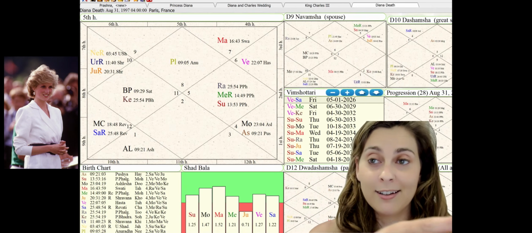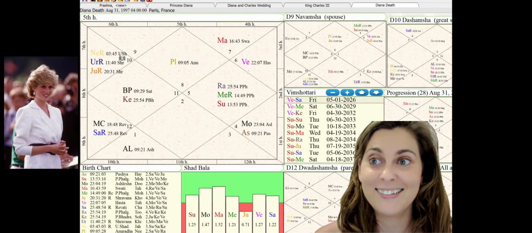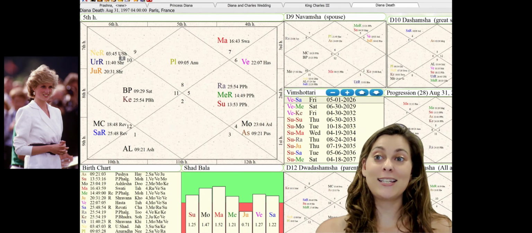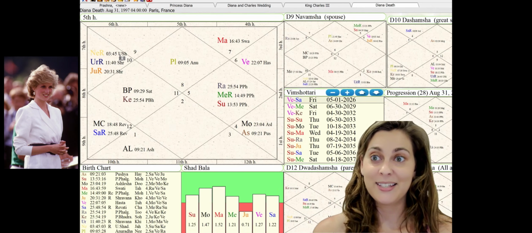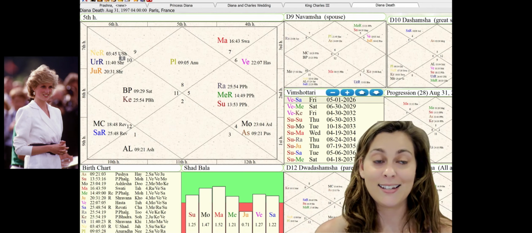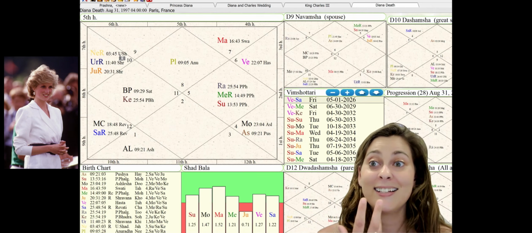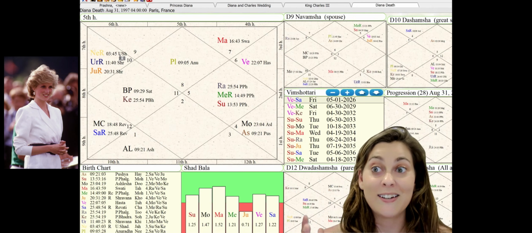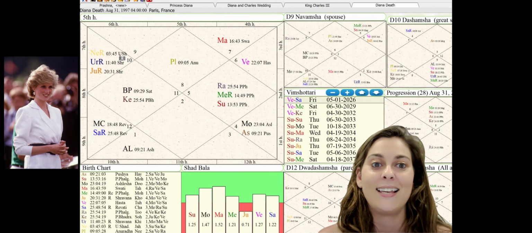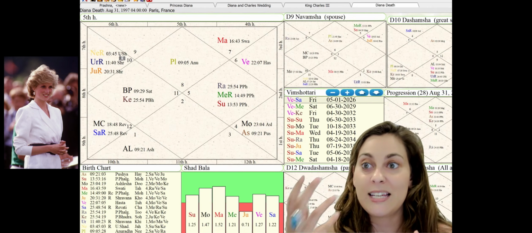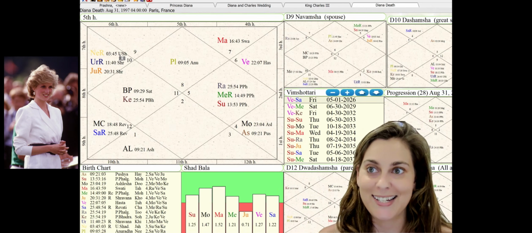But the driver, and this was in the 3rd house of short distance travel, 3rd house was also interesting to me because the paparazzi were so involved in this accident. The 3rd house is paparazzi, what you see on TV, communication, marketing. It can be TV, film. And Neptune also represents that.